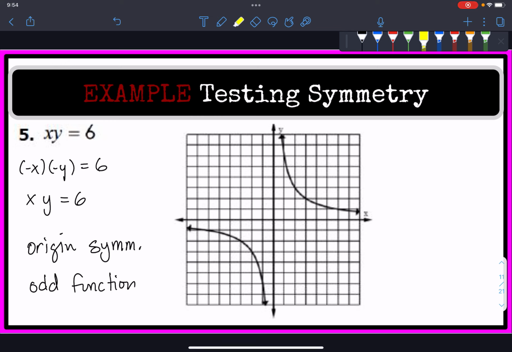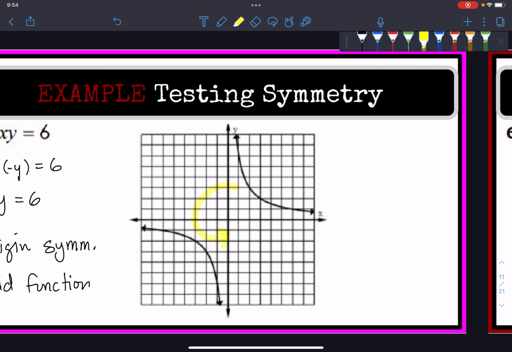Graphically, this simply means that if I rotate this 180 degrees, flip this upside down, the graph will look exactly the same. So this is kind of hard to do again, to flip a still picture upside down, but you should be able to see that this again is going to be the exact same graph, 180 degree rotated.